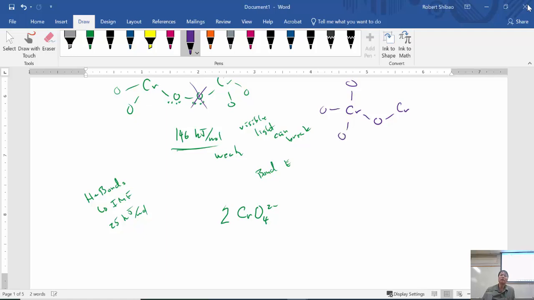Tell me, what's the strongest covalent bond you can think of? These are like little reference points again. You'll want to know. It's very common.